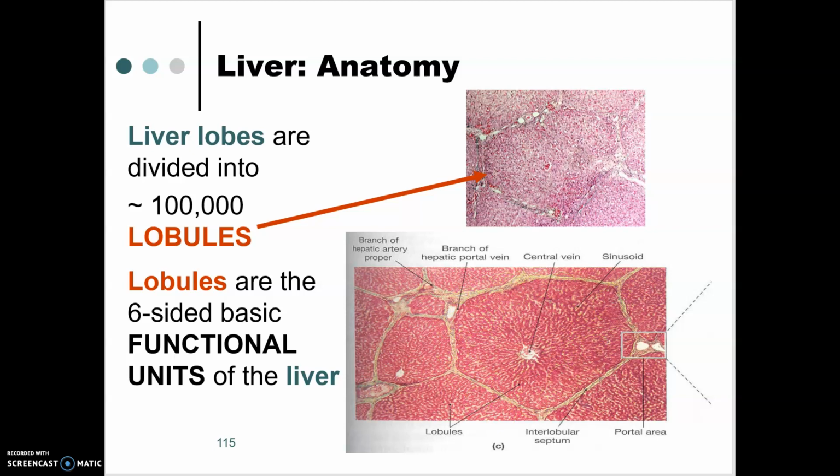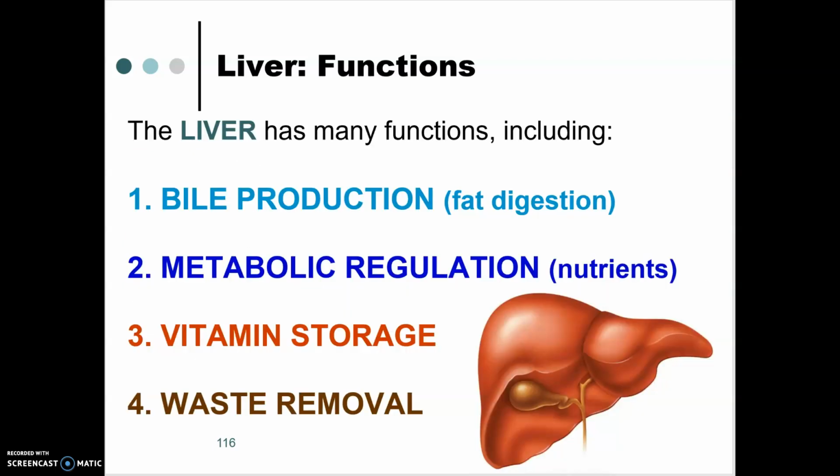So we've had a look at the anatomy. Let's go into the physiology now. What does the liver do? What are its functions? One of the things that the liver is known for is production of bile. And we've already talked about bile a little bit when we talked about absorption of fats, but bile has a big role to play in fat digestion.